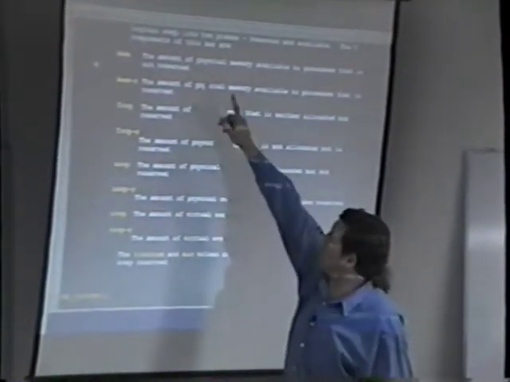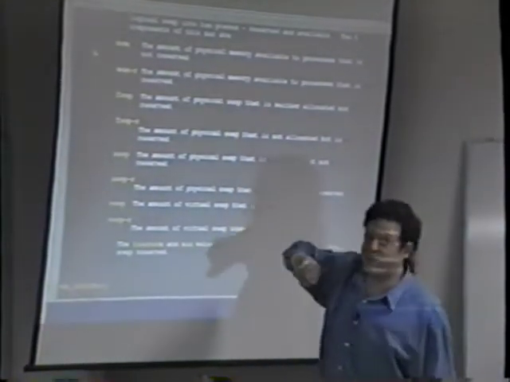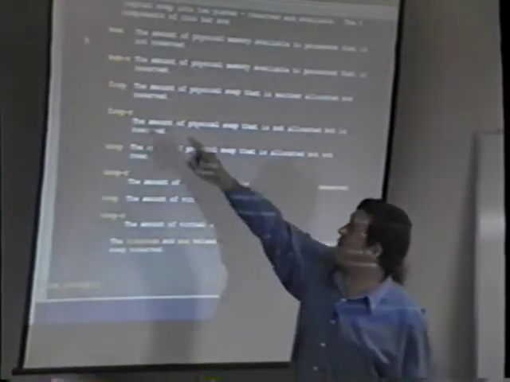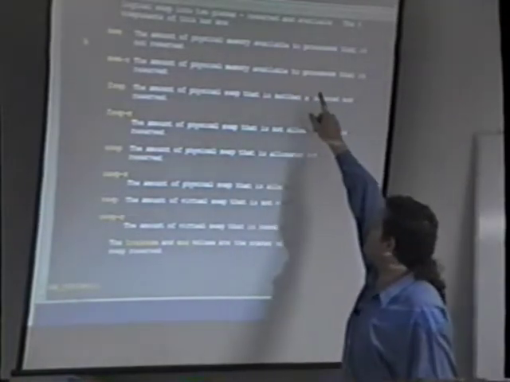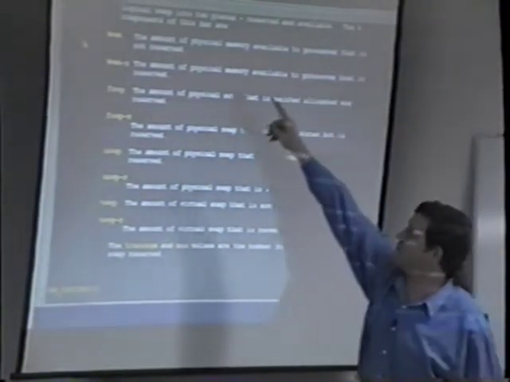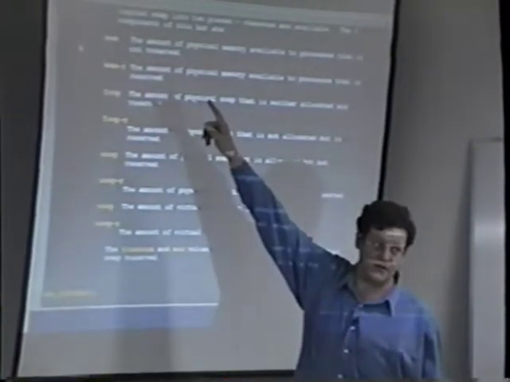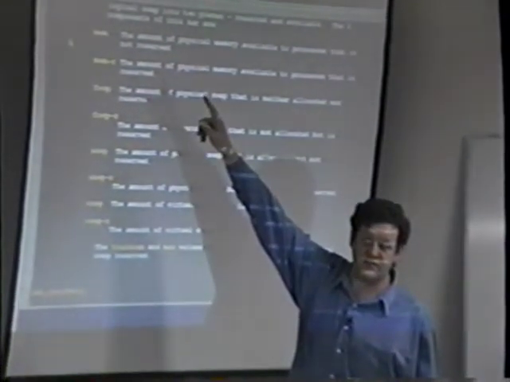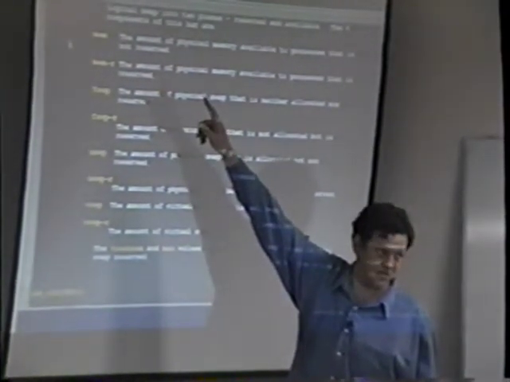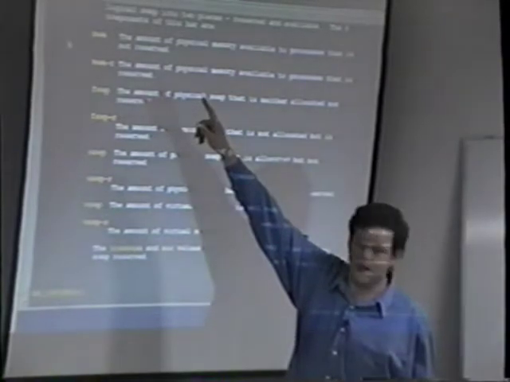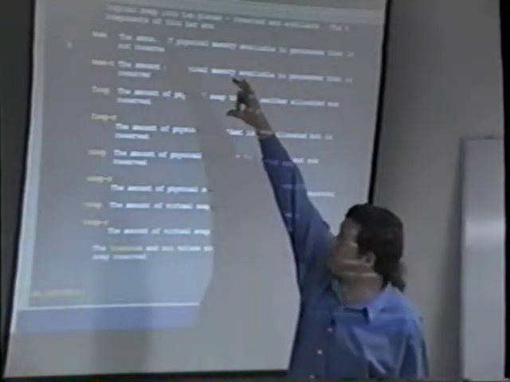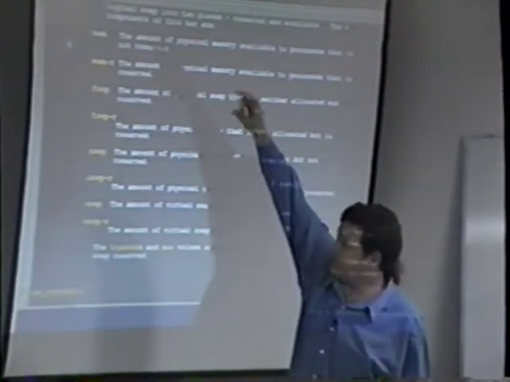Out of real memory, mem is the actual physical memory that's on the system, and then mem-r is the memory that's been reserved to processes, including miser. And miser may reserve out of this memory pool and never actually use it. So that's going to show me how much is actually being used in my physical memory.